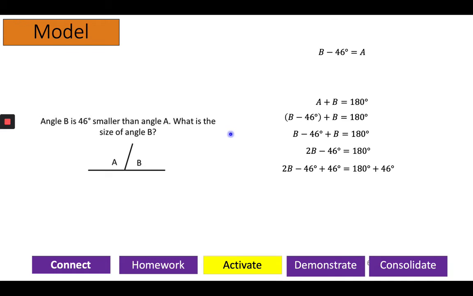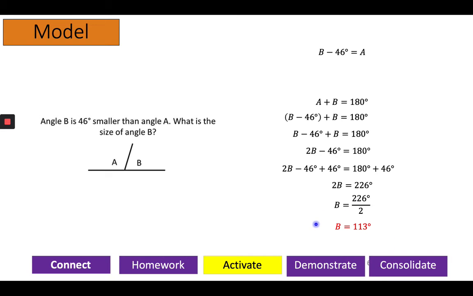Therefore, we get 2B equals 226 degrees. 2B is the same as saying 2 times B, so to get rid of the 2, we must divide by 2. So divide both sides by 2, and we get B equals 113 degrees.